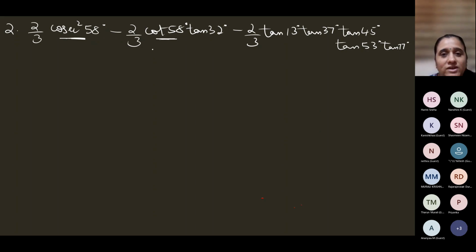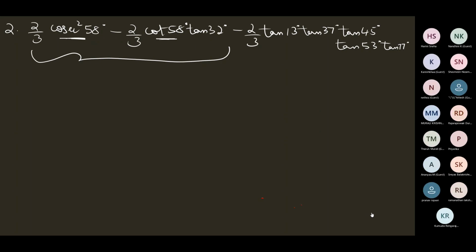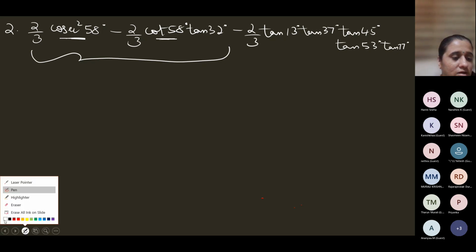You can take out 2 by 3 common from the first two terms.